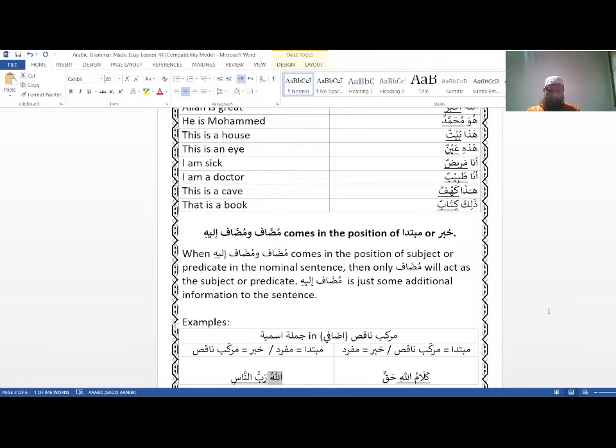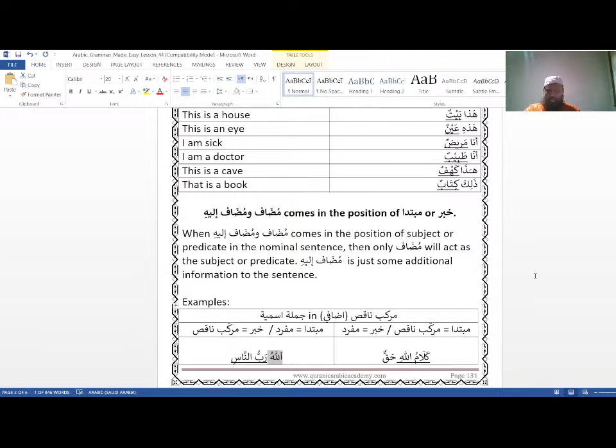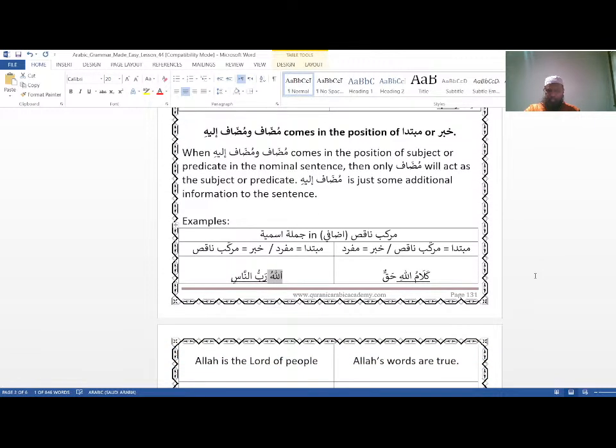الله رب الناس, مضاف إليه مركب ناقص. Allah is the Lord of people. كلام الله حق.